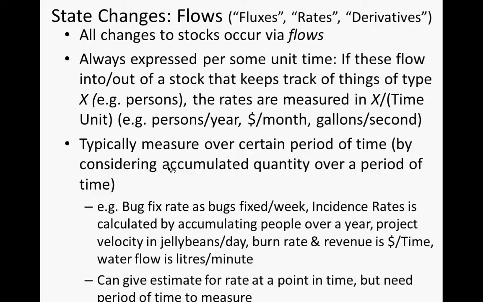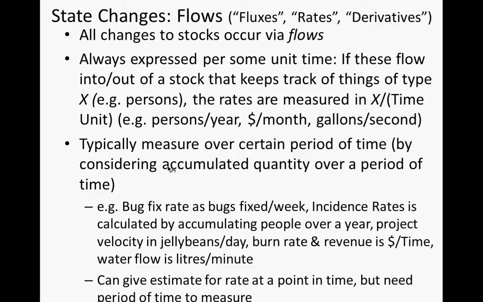So typically when we have flows, we measure them by accumulating over some period of time and dividing by that length of time. It's very, very hard to measure flows at an instant in time in and of itself. It's typically very challenging. So here we might quantify, for example, bug fix rates as bugs fixed per week, incidence rates as accumulating number of people that have reported with flu over the course of a year.